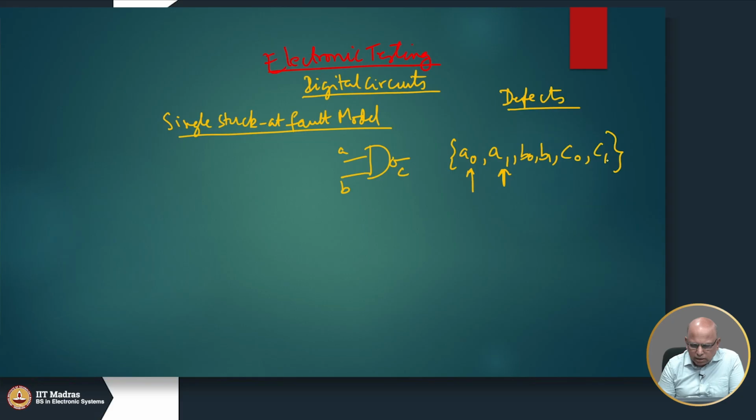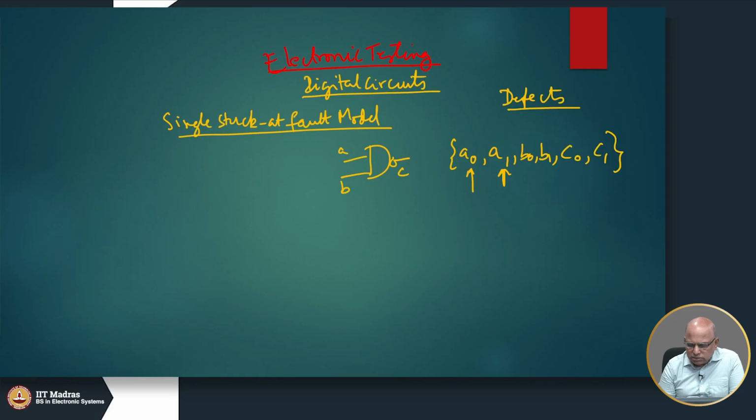And we have assumed that only one of these faults exists in the circuit. So, we do not allow multiple stuck at faults, right. We do not assume that there can be a situation where A is stuck at 0 and B is stuck at 1 at the same time, right.